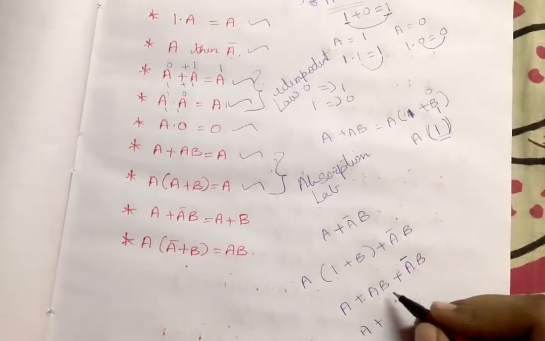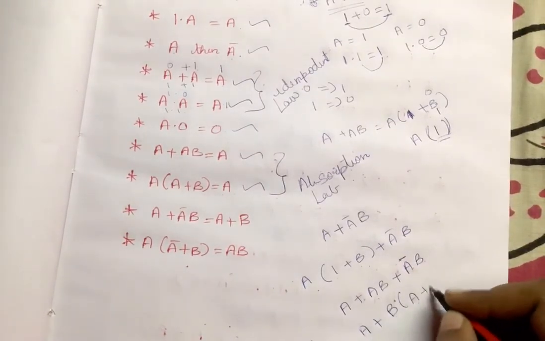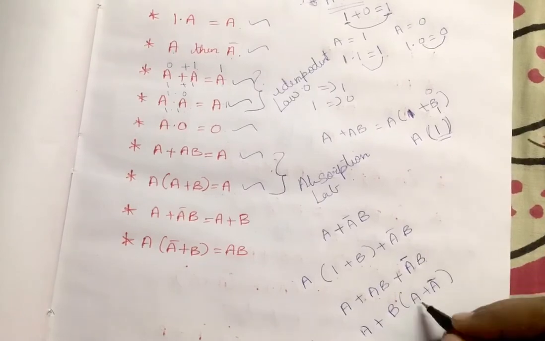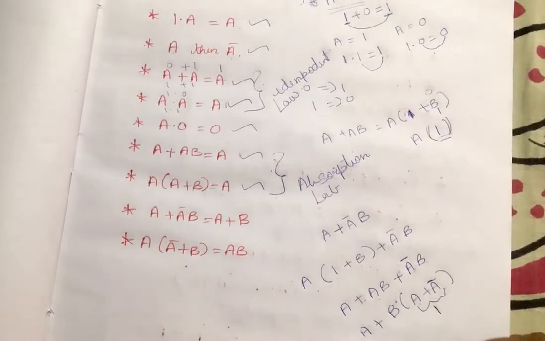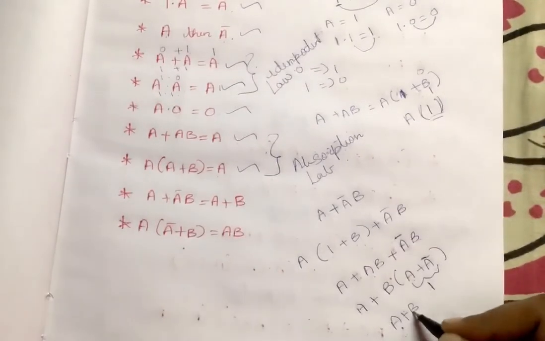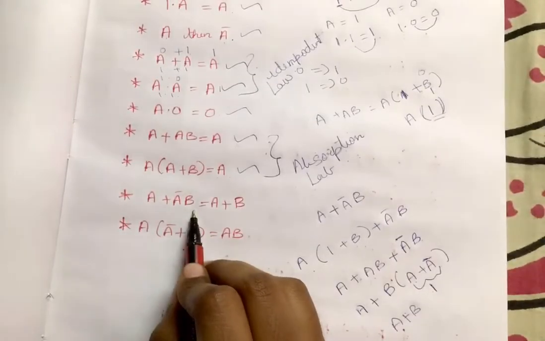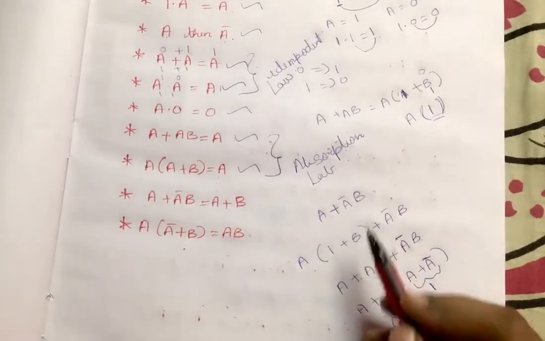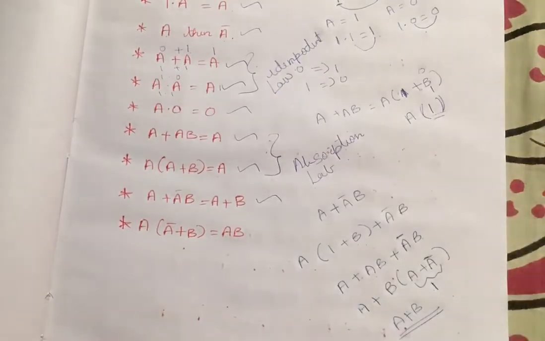A plus, in both these terms B will be common, and A plus A bar. We know that A plus A bar is equal to 1. So we got the output as A plus B. So this is what we have solved here. A plus A bar B is equal to A plus B, so this condition is satisfied.